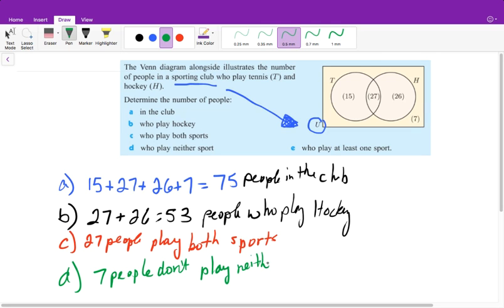All right, and then the last one. I'm going to draw this line here just to differentiate where we're at. The last one, E: people who play at least one sport. It doesn't matter if they play both, they just have to play at least one, so that's if they play tennis or hockey. So we will add these up: 15 plus 27 plus 26, which gives me 68.